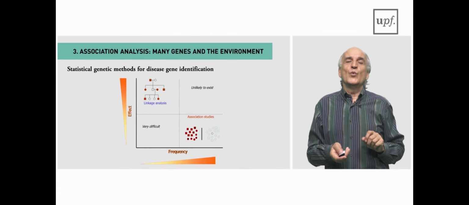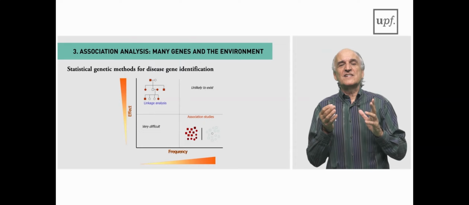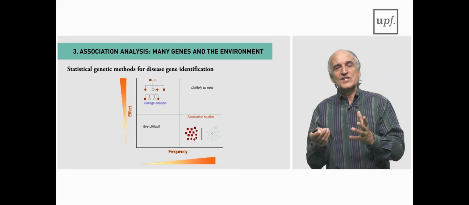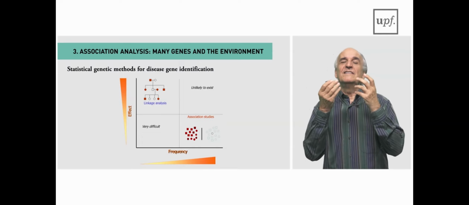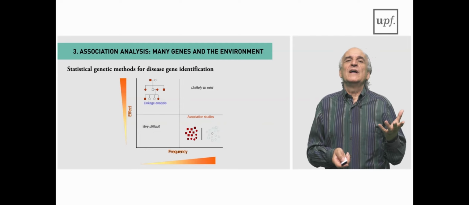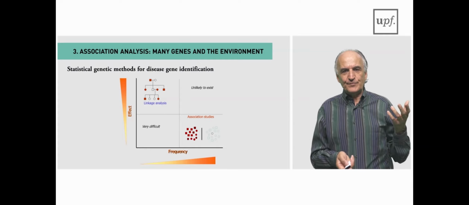In general, with that, we are able to work out the cases in which diseases with high frequency are being dissected with variants in the genome that explain the susceptibility they may have.